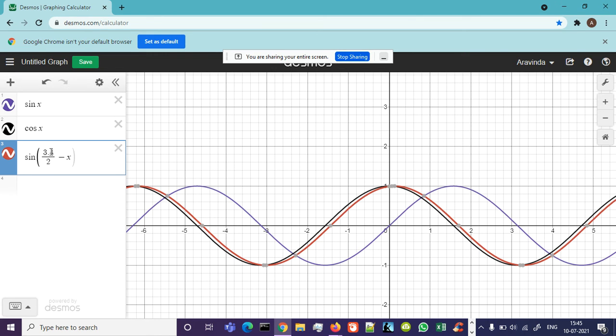This is nothing but pi by 2, right? This is sin of 90 degrees minus x. Now you can see that this coincides exactly with cos x.